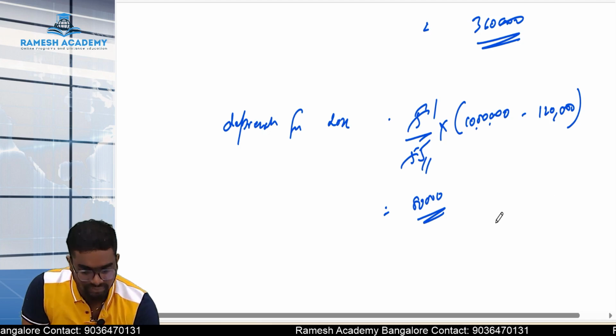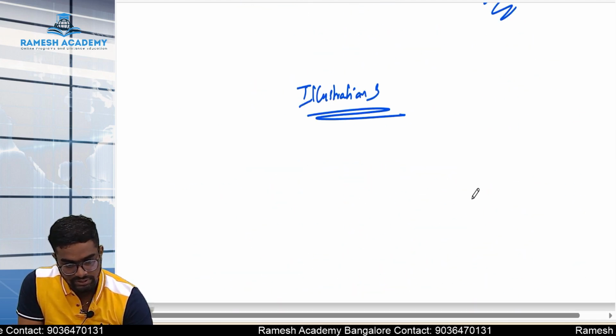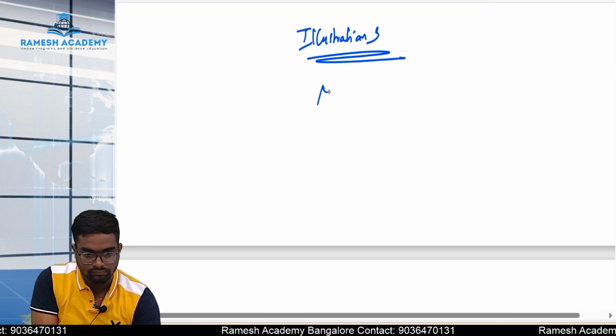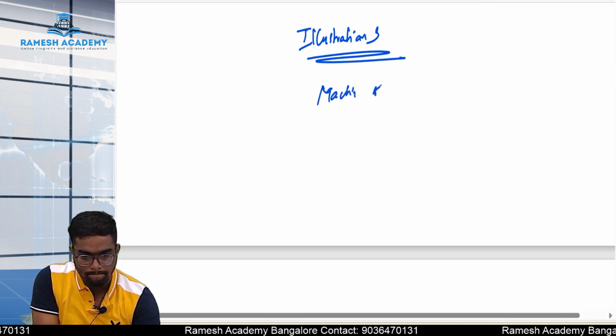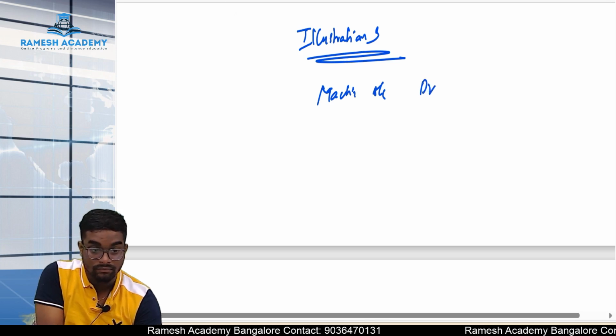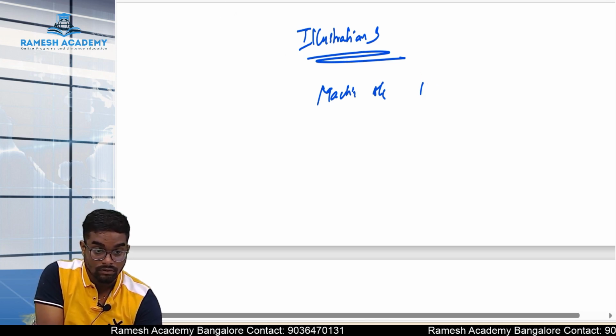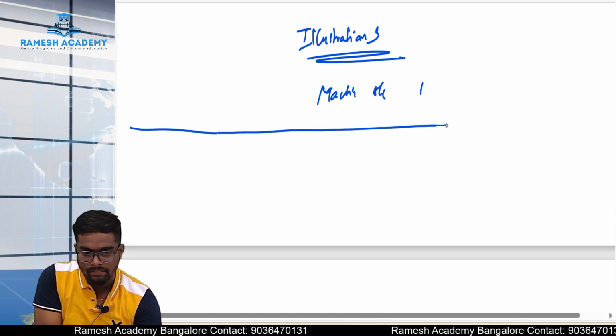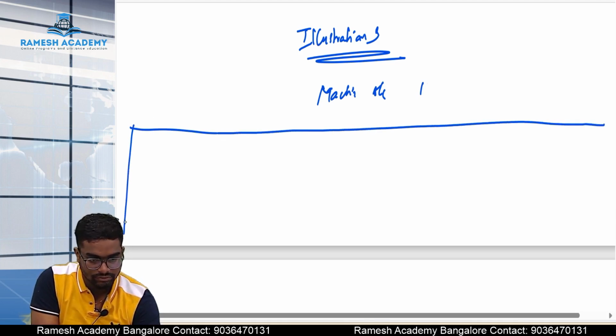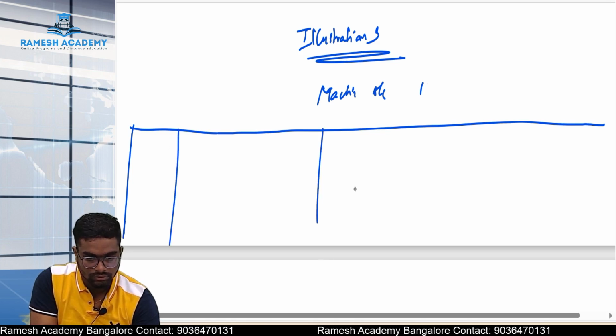Okay, now we will prepare the machinery account, and depreciation account. I'm sorry, machinery account. So the first year depreciation will be 80,000. So this, okay.